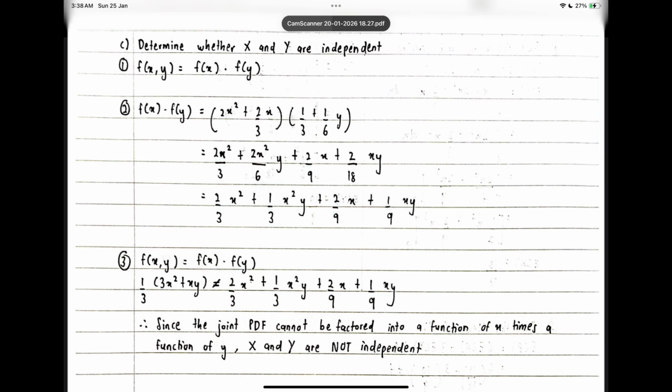We move on to part C, whereby we need to determine whether x and y are independent. x and y are independent if and only if f(x,y) equals fx times fy. So first step, we need to find fx times fy, like this.